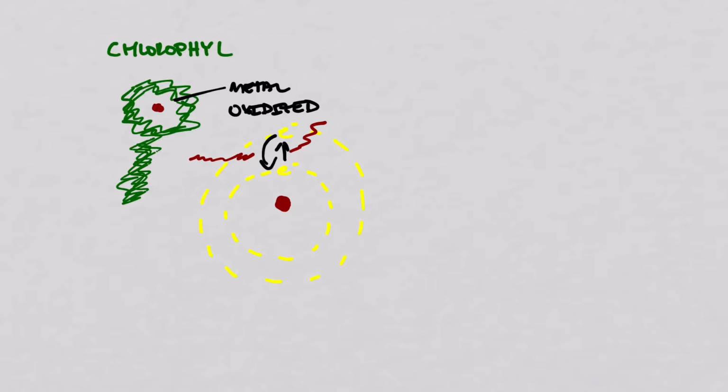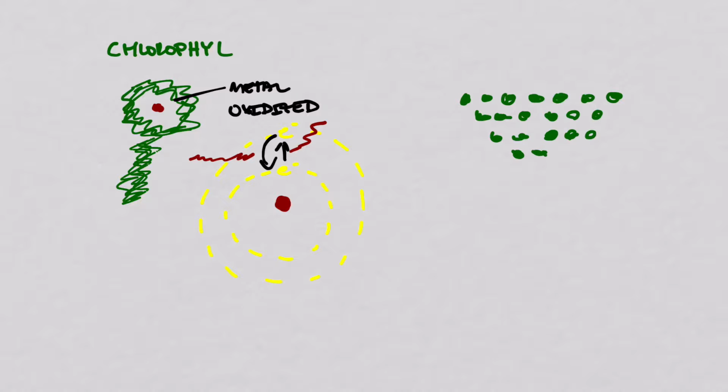So if we have this chlorophyll molecule here, I'm just going to schematicize it as a single dot. Within a photosystem, a bunch of chlorophyll molecules will all be lined up in a row like so, and they'll take on this particular structure, and you'll notice here it's forming a pyramid.